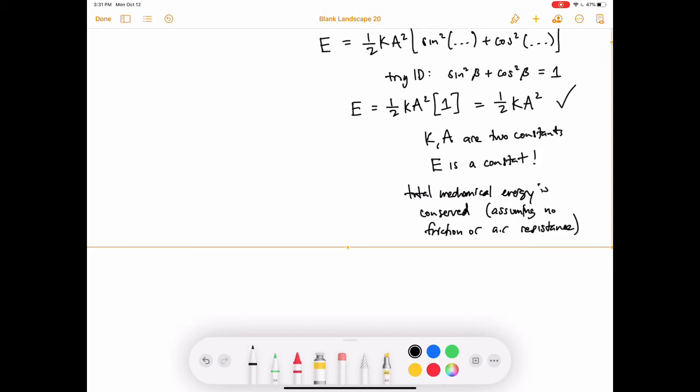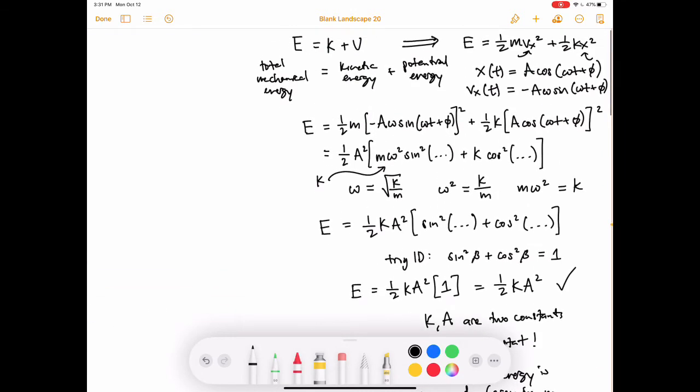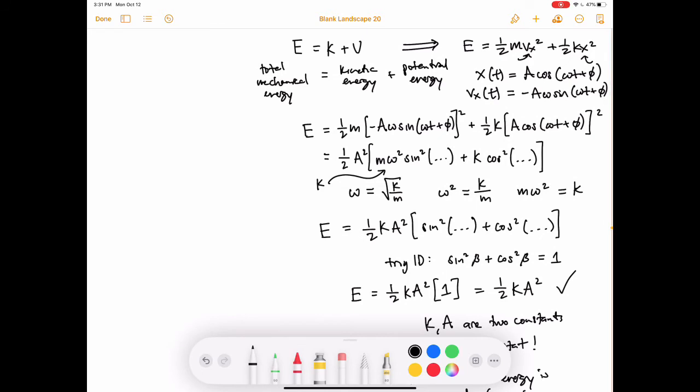Okay, so what else can we do with all this? Well, starting with the result we just derived, E is equal to 1/2 k a squared. We can remember from just a second ago that k is equal to m times omega squared.